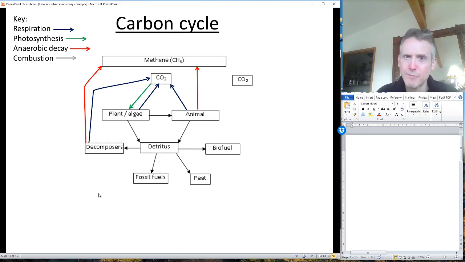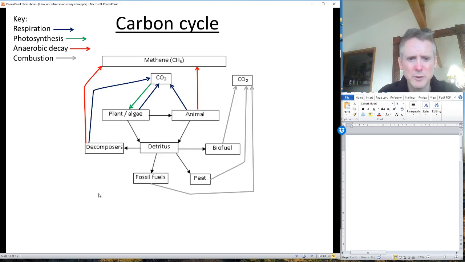Again, it's moving away from biology, but we're going to look at human impact as well. So biofuels can produce CO2. Peat can be burnt or can rot and give off CO2, and fossil fuels can obviously be burnt and give off CO2 as well. So it's not as if this CO2 is different to this CO2. It's just in the diagram, it avoids crossing over arrows.